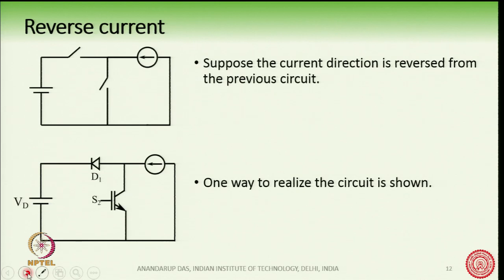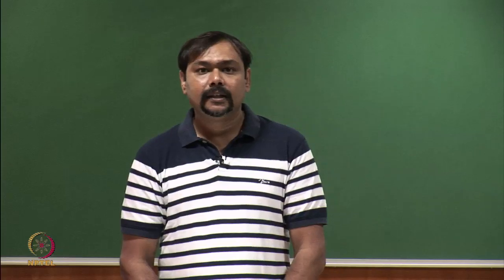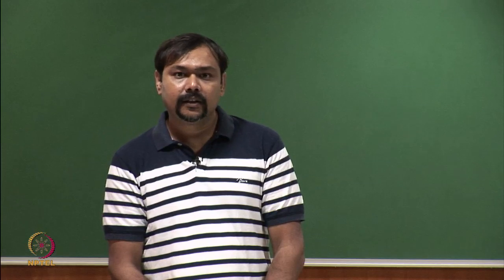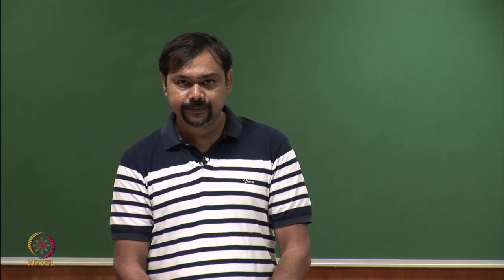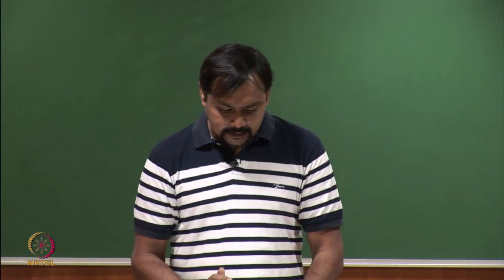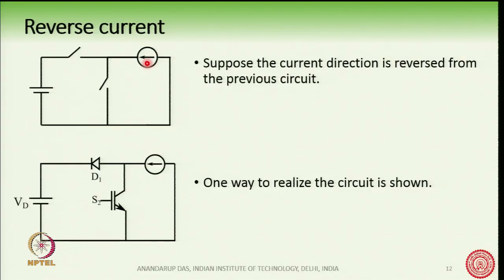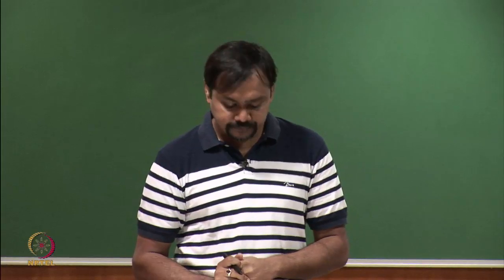Now, suppose I have changed the direction of the current. Let us assume that we have changed the current direction from right to left. Earlier it was from left to right, now I have changed the direction from right to left. What will happen now to the circuit? How can I realize the circuit now?